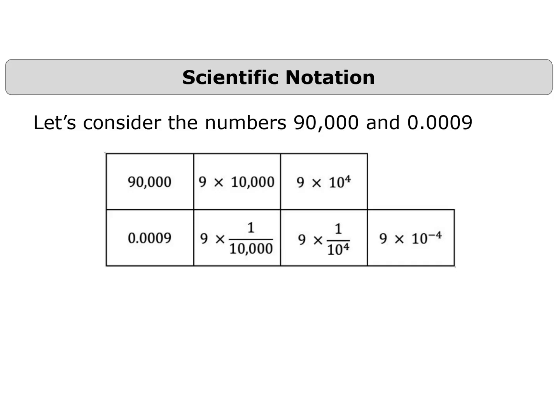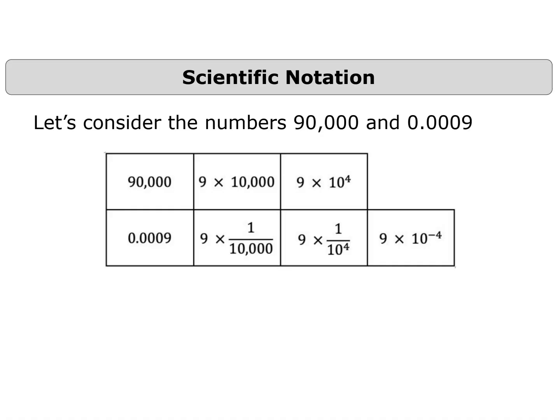0.0009 is 9 10,000ths. So we could write that as 9 times 1 over 10,000. And then the 10,000 in the denominator we could write as 10 to the fourth power. Using our negative exponent rule, we could write 1 over 10 to the fourth power as 10 to the negative 4.